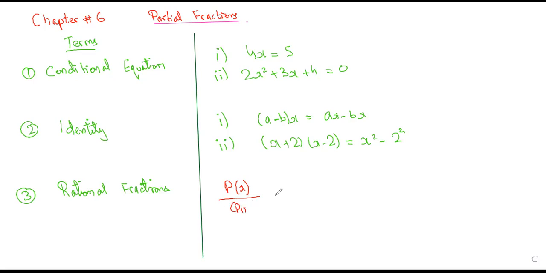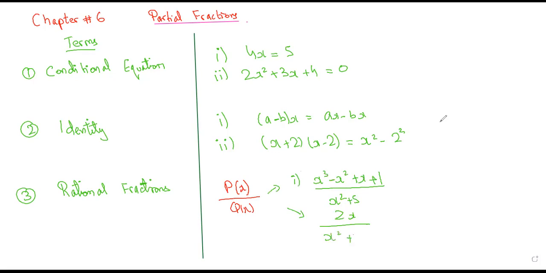And if I talk about some examples, so again, I can say, for example, x cube minus x square plus x plus 1 divided by x square plus 5. For example, 2x over x square plus 1.